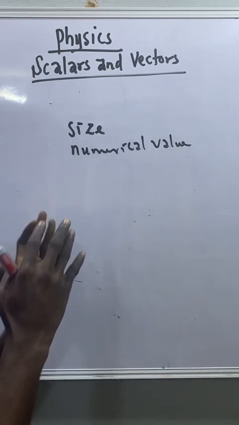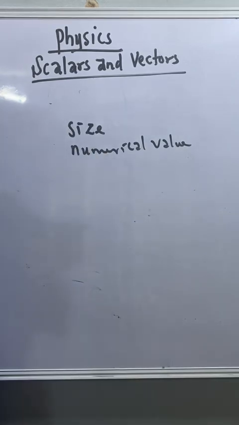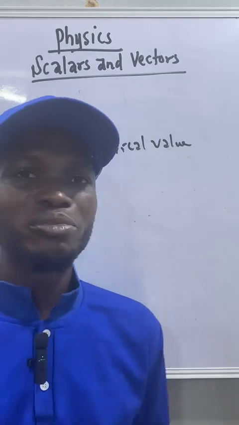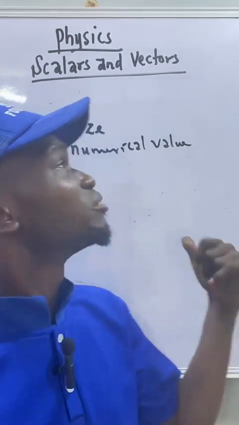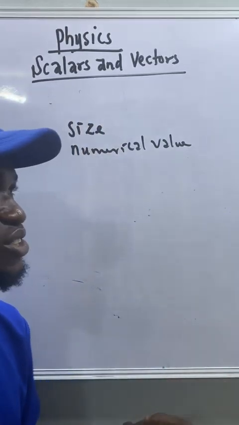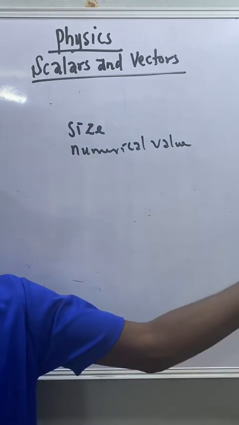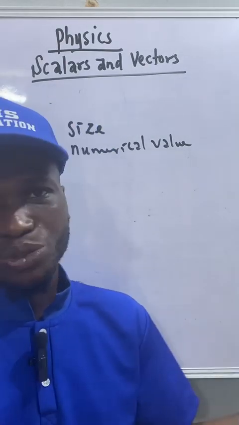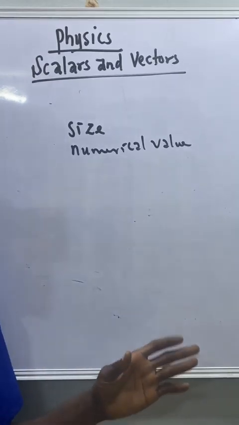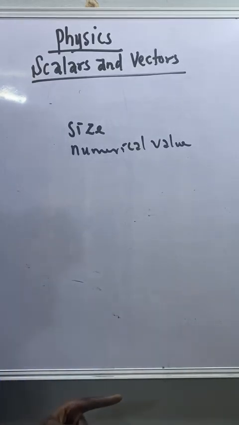So you can attach numerical value to them, but you can't speak about direction when you are talking about scalars. No direction. You can't say they travel northward, eastward, southward, and westward. No, direction is not attached to them.